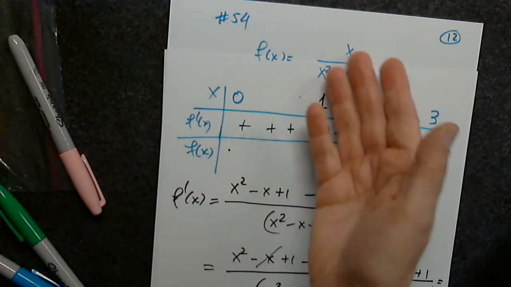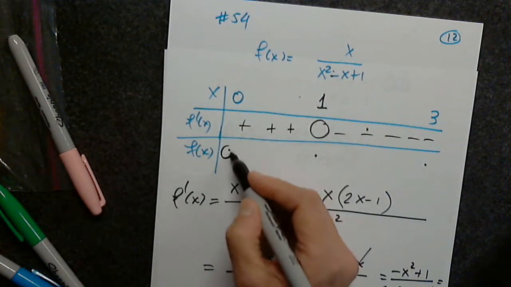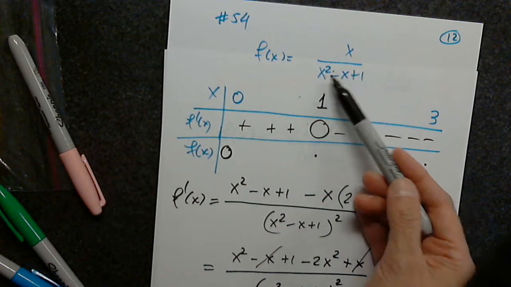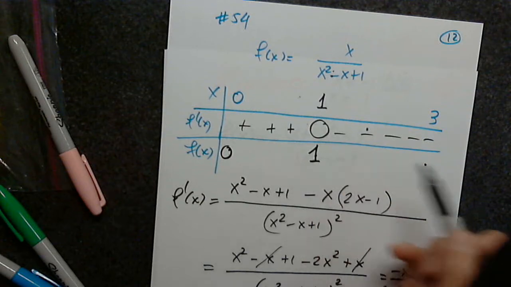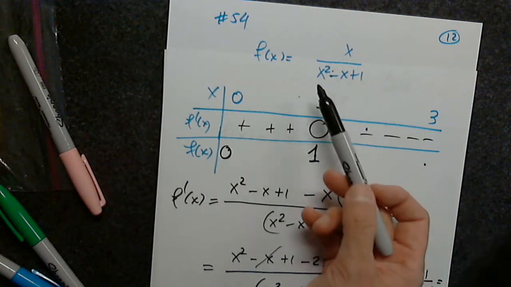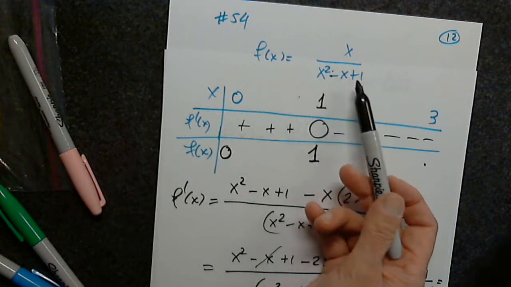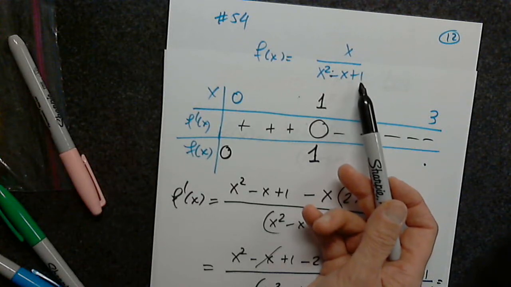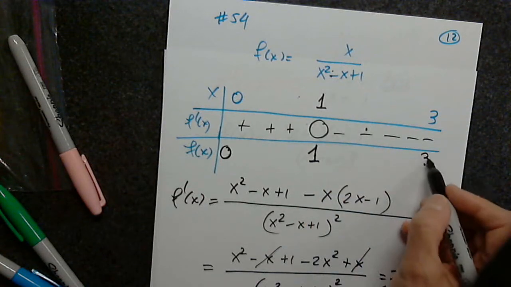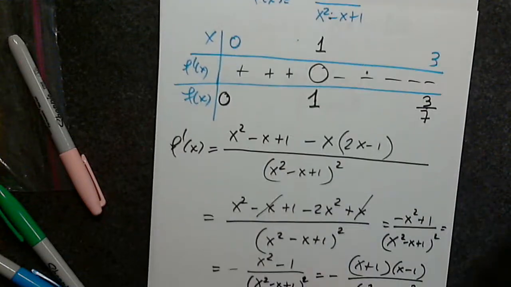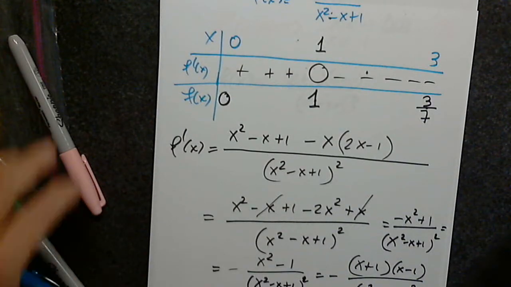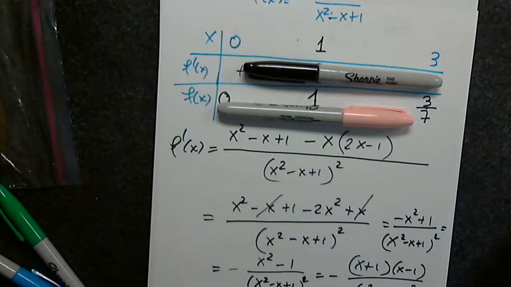I absolutely need these values. When I plug in 0, I see the function is 0. When I plug in 1, these two go away, so I get 1. When I plug in 3, I have 3 over 9 plus 1, which is 10 minus 3, 7. So 3/7. Now the moment of truth. If these two rows don't work well together, I have to go back to the drawing board.